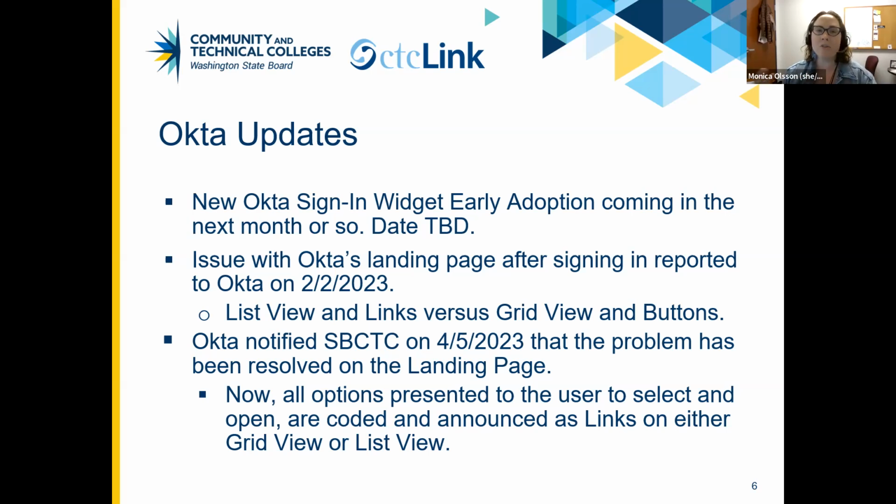And the issue that we found is if the user was viewing that landing page using list view, the options available to you were coded as and presented to a screen reader as links in their elements list. But if the user had selected grid view, they were buttons.